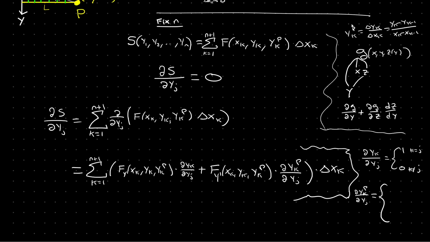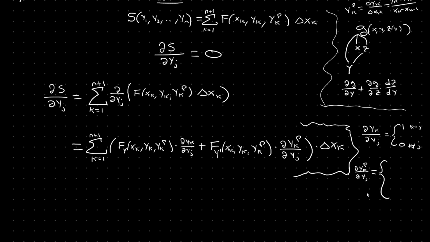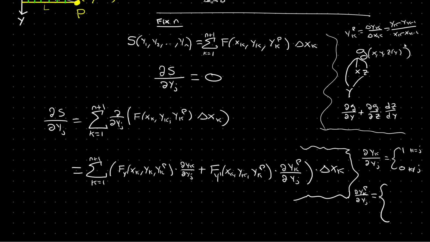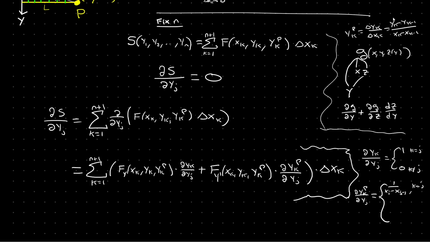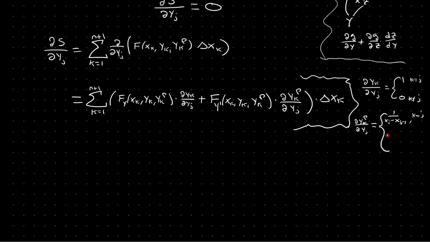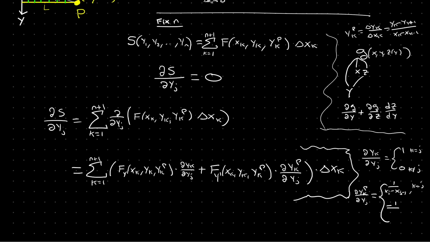The derivative of ykp with respect to yj is going to be 1 over xj minus xj minus 1 if k equals j, because that's the derivative of this function if k equals j. If j equals k minus 1, this is going to be negative 1 over, and when j equals k minus 1, the derivative of yj minus 1 is 1.